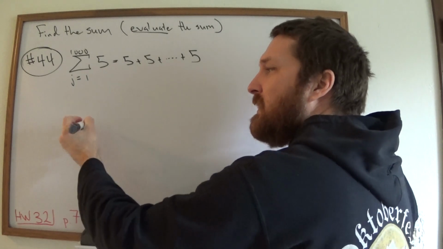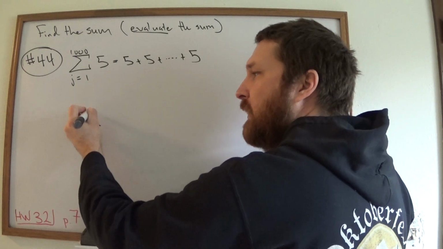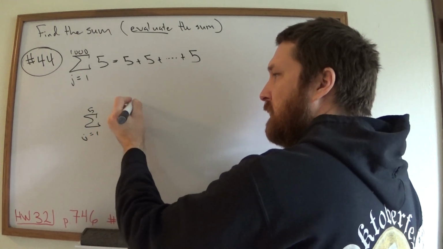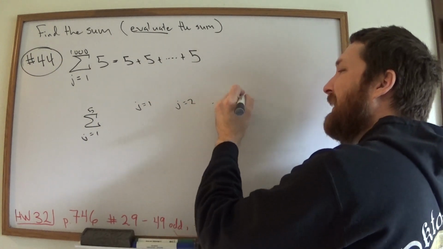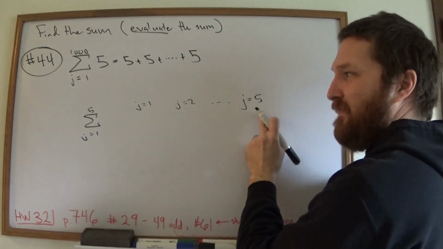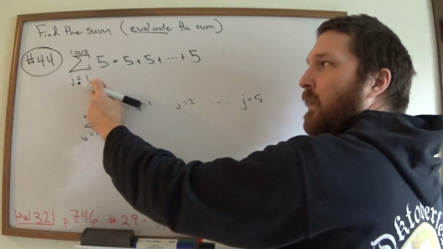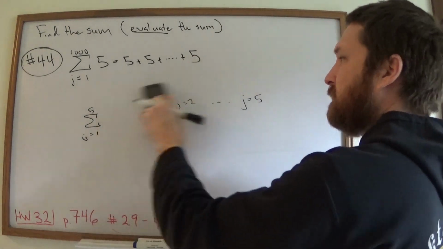It might be easier to see if j starts at 1 and goes up to 5. Well, j equals 1 is the first one, j equals 2 is the second, and everything has its own name. There's a total of 5 of them. And so this is easy whenever you're starting at 1. You have a total of 1,000 of these things.